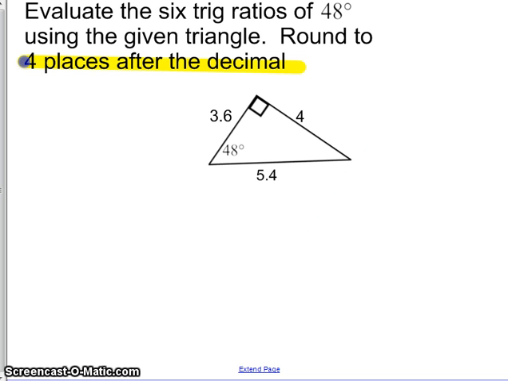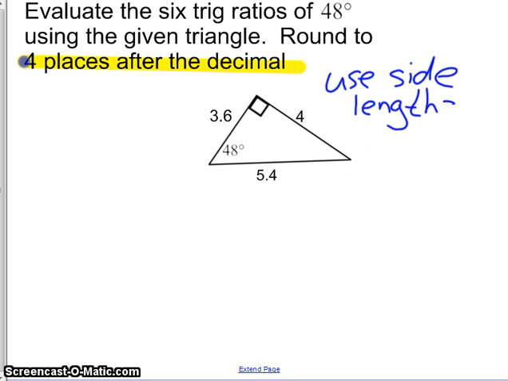What you are not going to do for this problem is punch 48 into a calculator. We'll do those problems in the next lesson, okay? Right now you are using the side lengths to calculate.